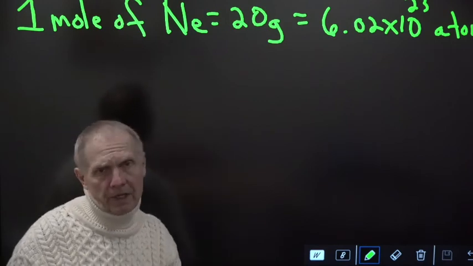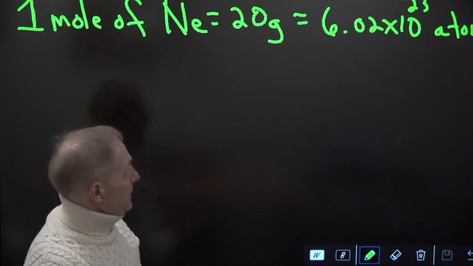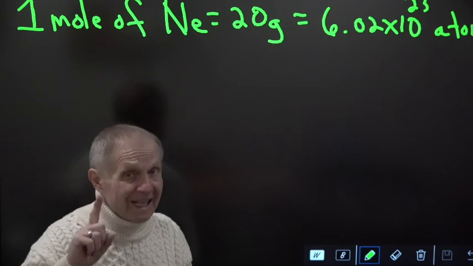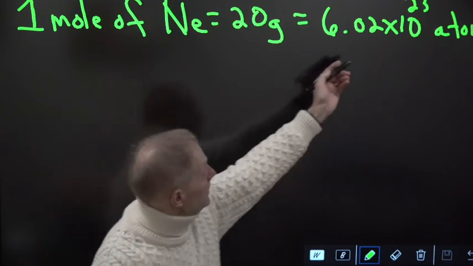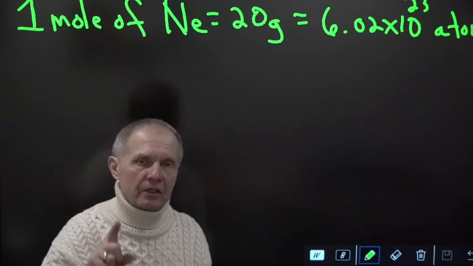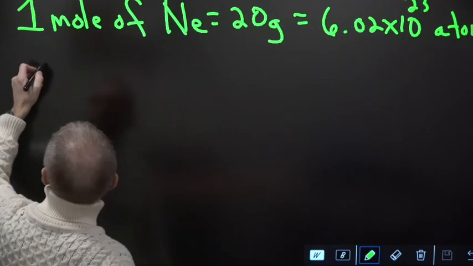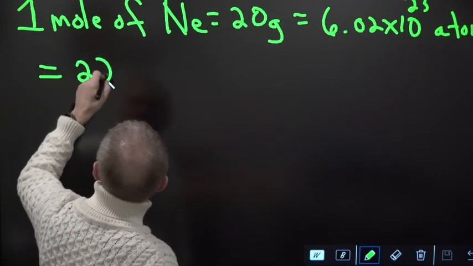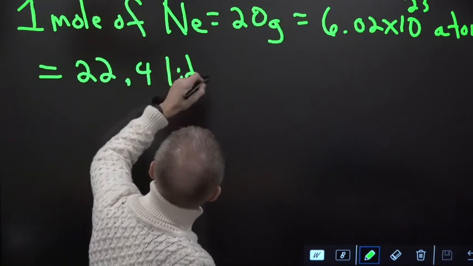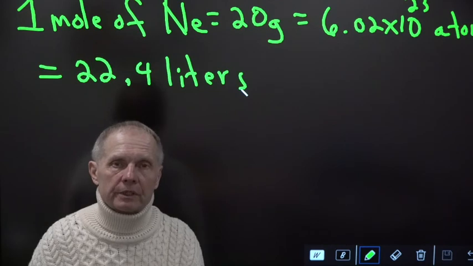And let's go back to what Avogadro said. Avogadro was working with gases. And now here's the deal. 1 mole of any gas, which means 6.02 times 10^23 atoms of any gas under standard temperature and standard pressure, equals 22.4 liters.